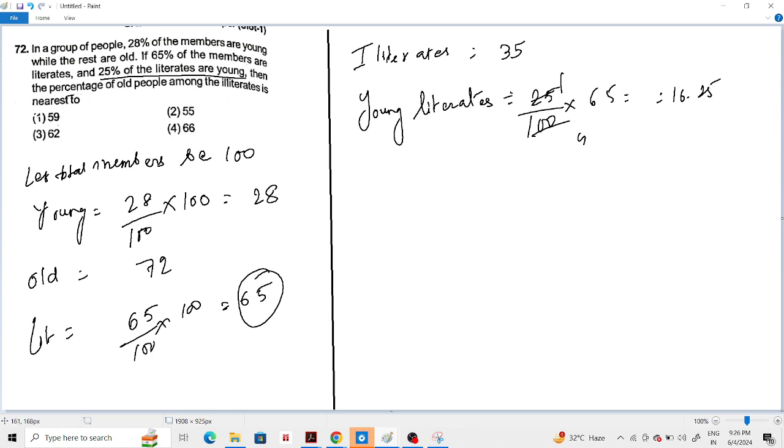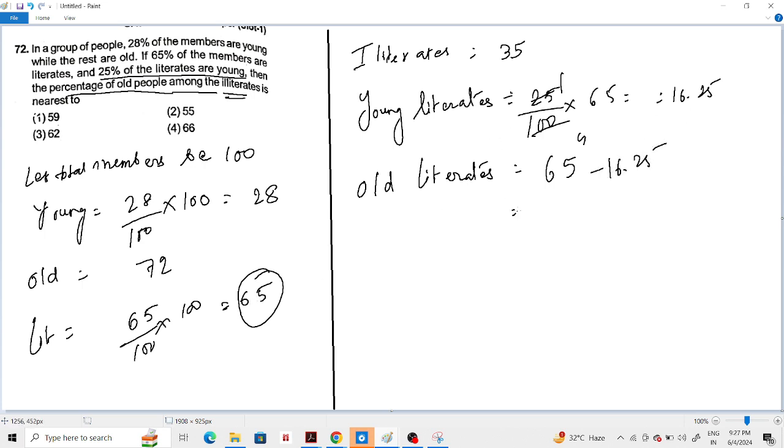Then the percentage of old people among the illiterates, so I need to find out how many old literates are there. You see, 65 is the total number of literate people, out of which young literates are 16.25.